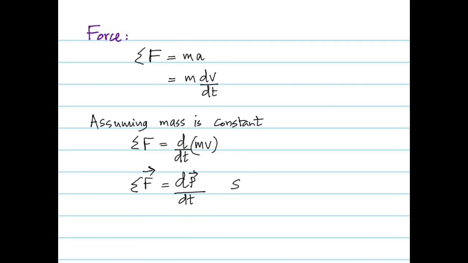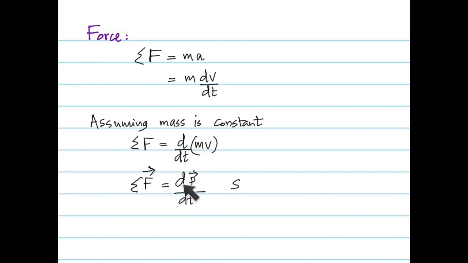Are you getting what I'm saying? Net force is 0. dp by dt is 0. You're not saying momentum is 0. You're saying change in momentum with respect to time is 0, which means there is no change in momentum. So we come to a very important principle. It's called the principle of conservation of momentum, which comes with a condition. What's the condition that we talked about?